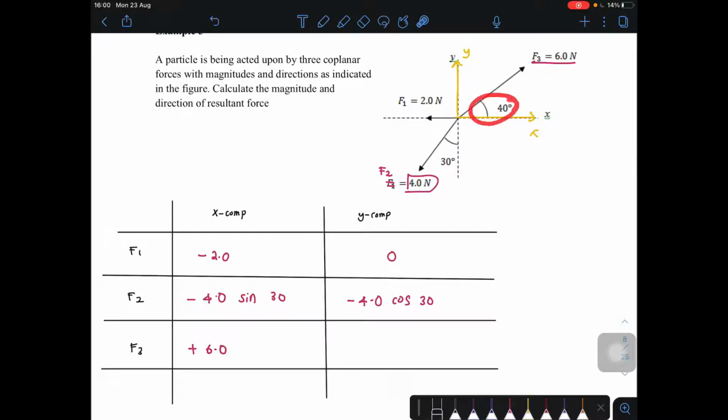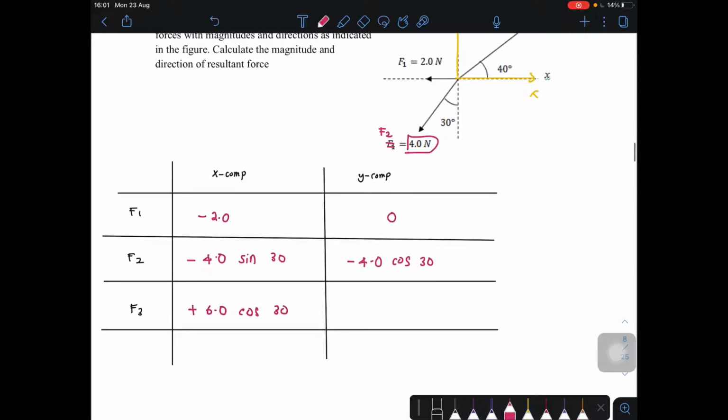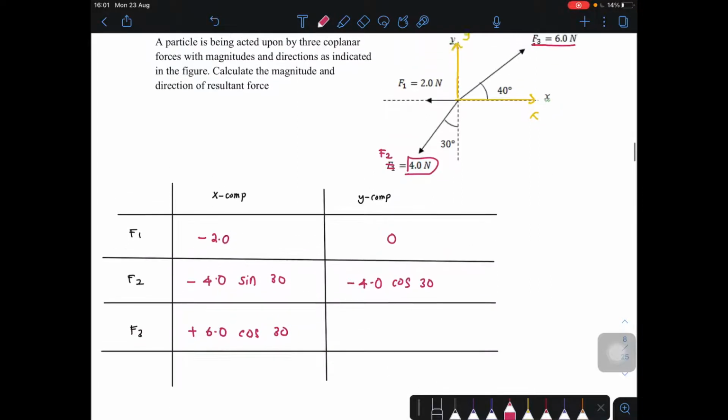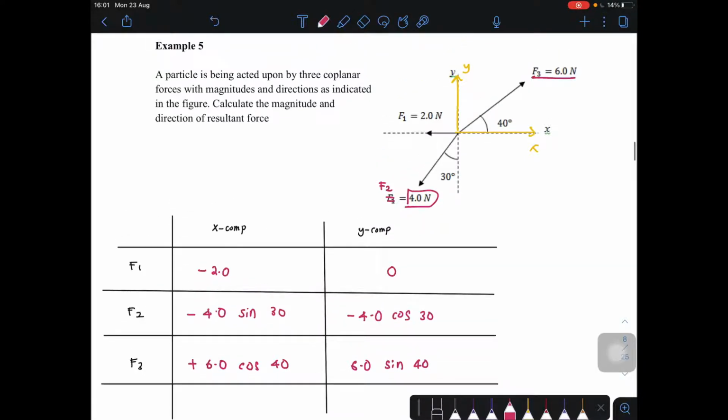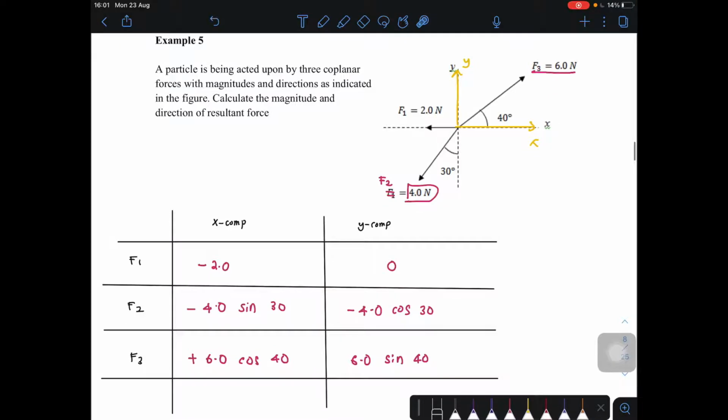And the angle is on x-axis. So, angle kalau dekat x-axis, dia akan jadi cos 30. And then, untuk Y component, dia akan jadi sin 6 sin 40. Sorry, this one 40 not 30. 40. Okay.